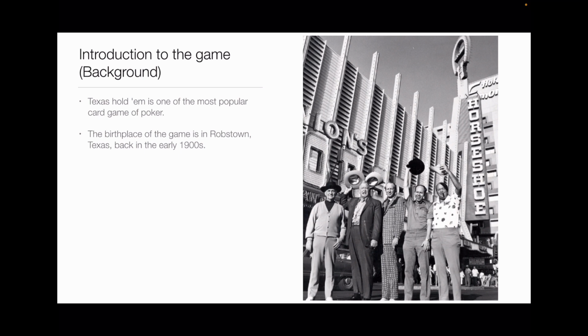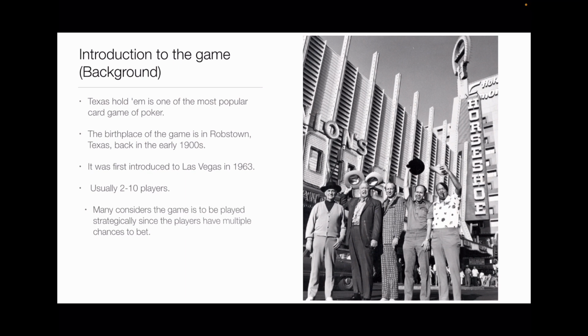It was first introduced to Las Vegas in 1963 and quickly became very popular and spread to many other places around the world. The game usually contains 2 to 10 players, and they can join the game by making decisions between raise, call, check, and fold.